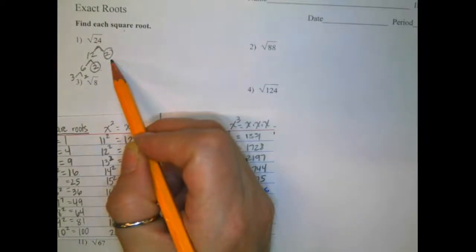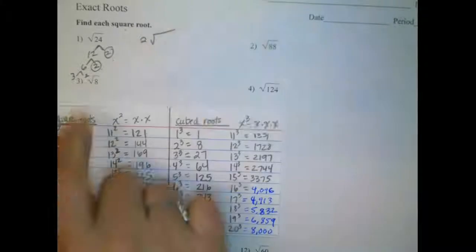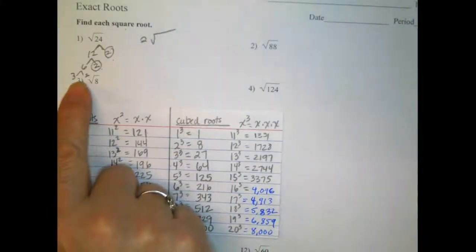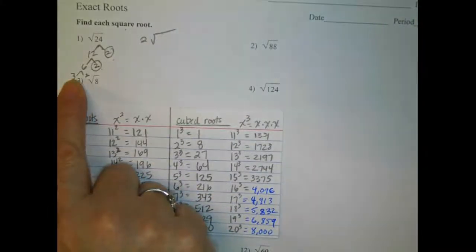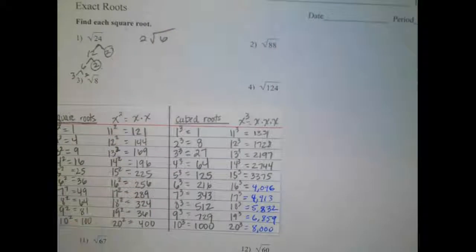Yes, so I can pull out this 2. Do I have any more perfect squares in here? No, but I have a 3 times 2, right? What is 3 times 2? So that's my exact square root, 2 square root 6. So I need to factor it out to come up with that answer.